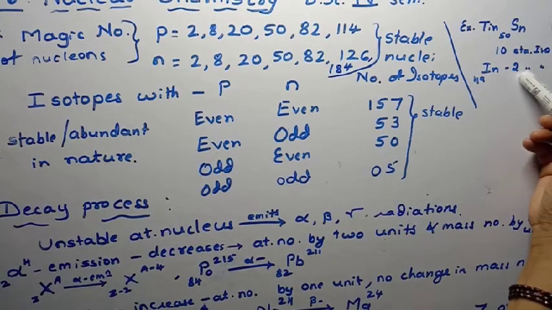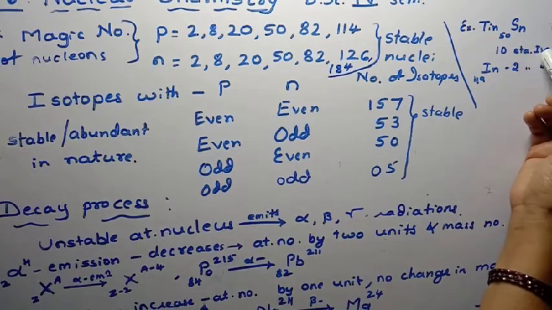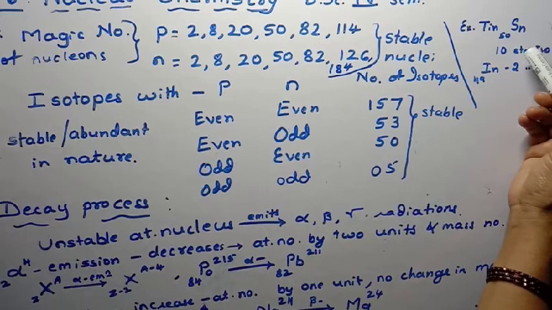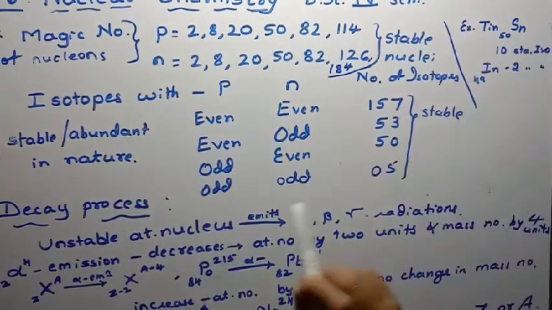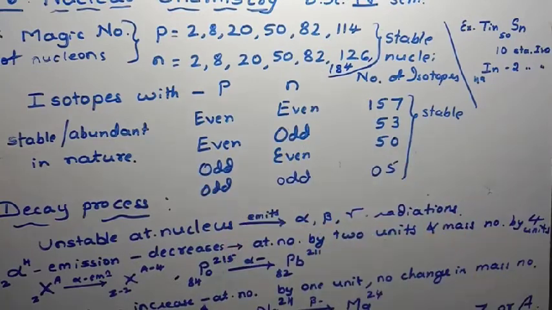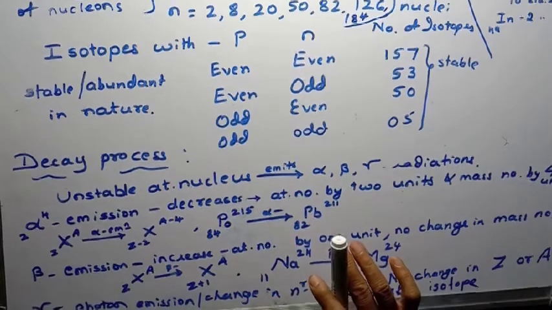Indium is less stable and has fewer stable isotopes, while tin has many, all stable. Therefore such numbers are said to be magic numbers, and with this we can specify whether elements are stable and why they are stable.